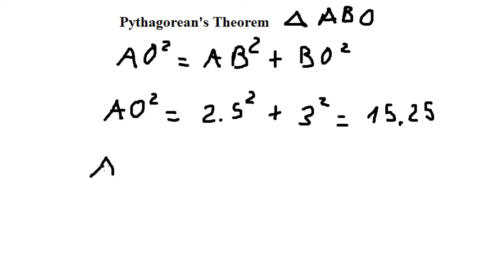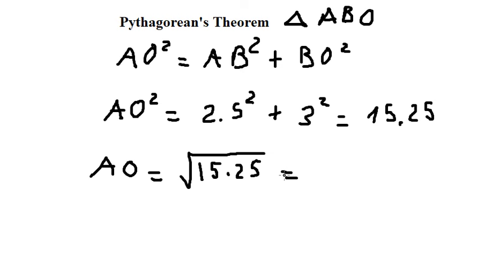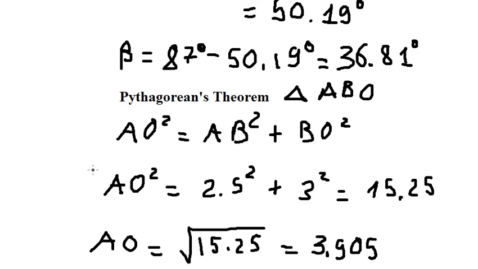Then we take the square root of both sides, and we have 3.90. And we have number 5 in here.